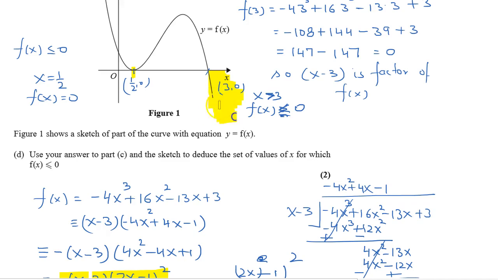So the answer will be x is greater than or equal to 3 and x is equal to half. These are the values where f(x), meaning y, is either 0 or less than 0.